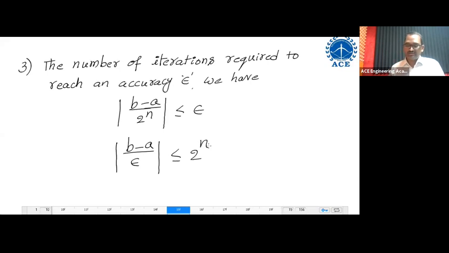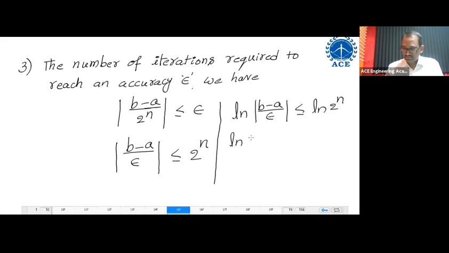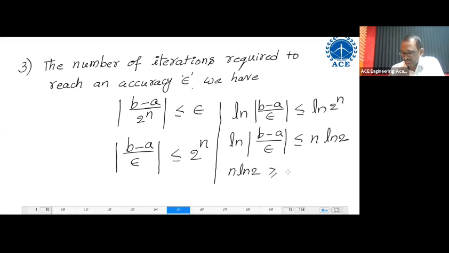Now we need the n value, so take logarithms on both sides. Logarithm of (b minus a) by epsilon is less than or equal to logarithm of 2 to the power of n, so ln of (b minus a) by epsilon is less than or equal to n ln 2. So I can write n ln 2 greater than or equal to ln of (b minus a) by epsilon.